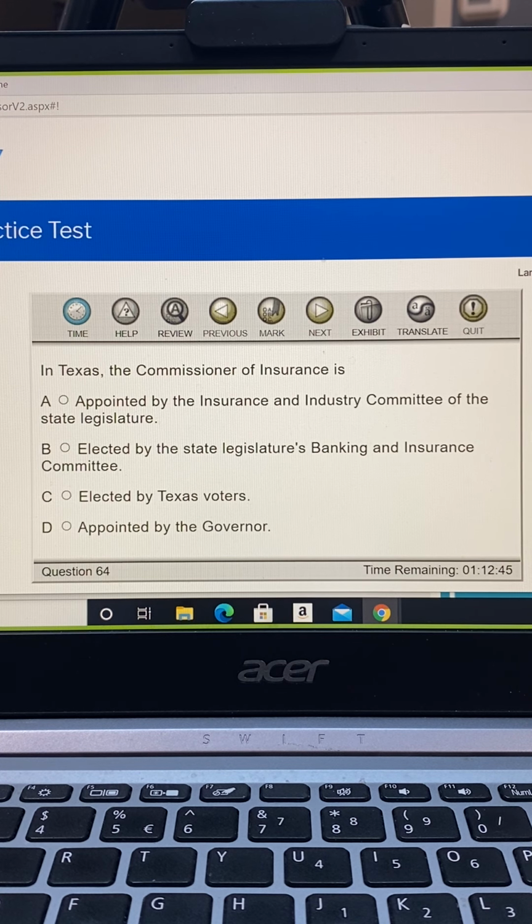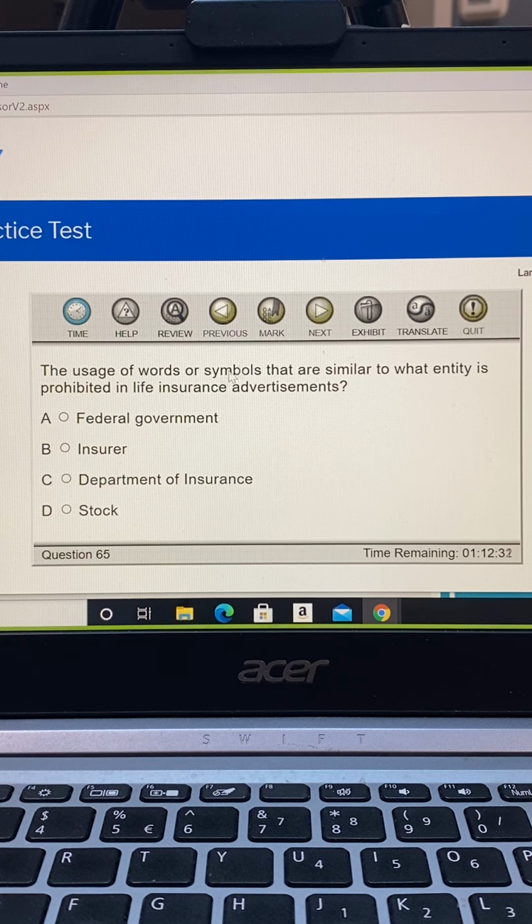In Texas, the Commissioner of Insurance is appointed by the government. The usage of words or symbols that are similar to what entity is prohibited in life insurance advertising?